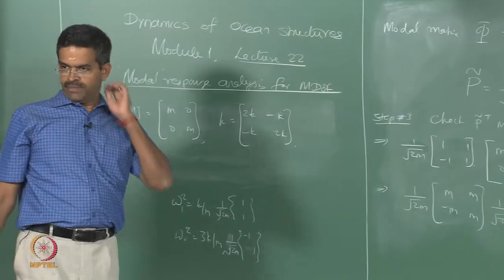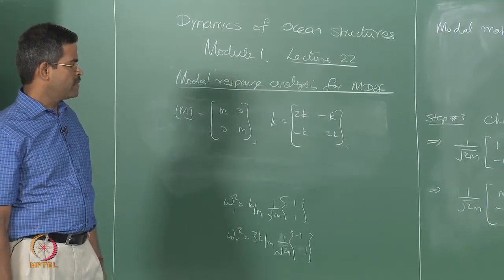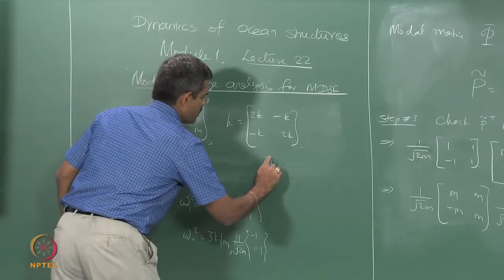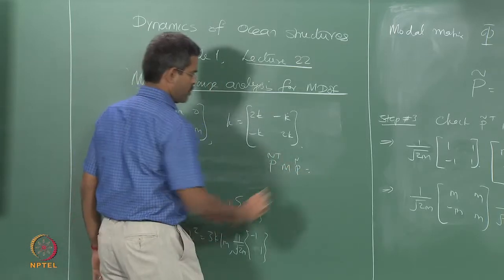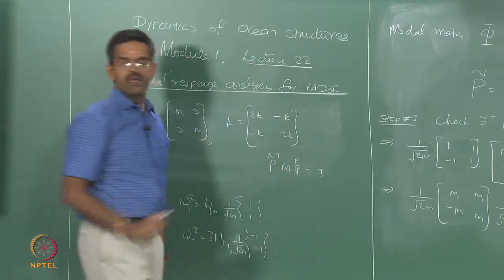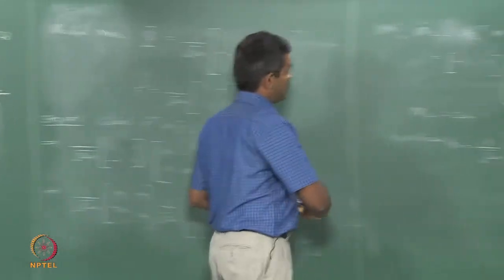This advantage you get. So, I can plainly say that P tilde transpose M P tilde will become identity. Let us do this for P tilde transpose K P tilde and see what happens.